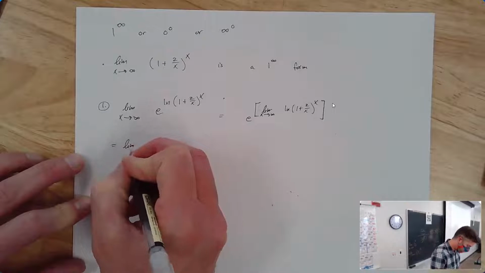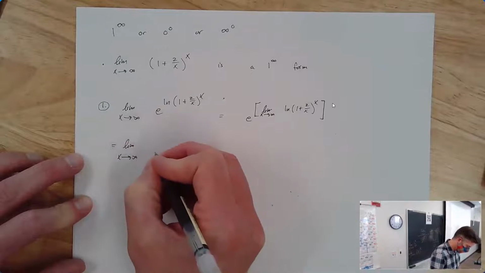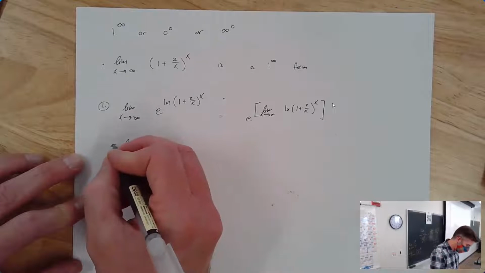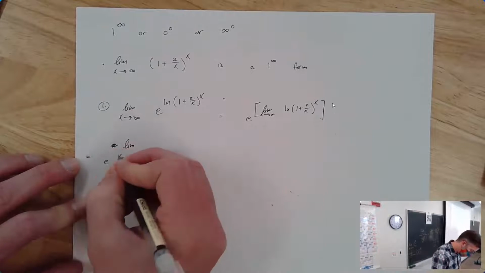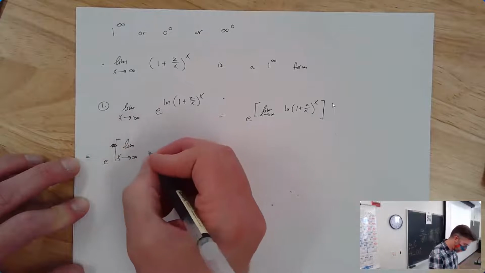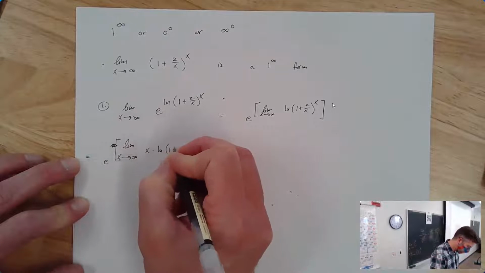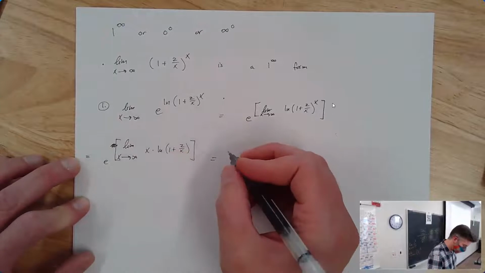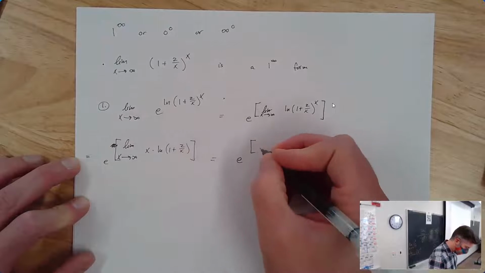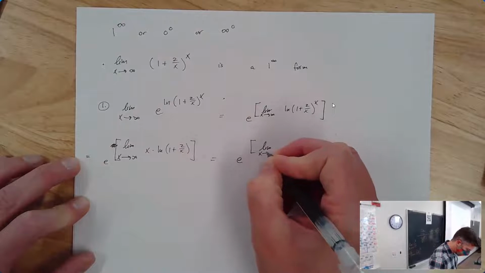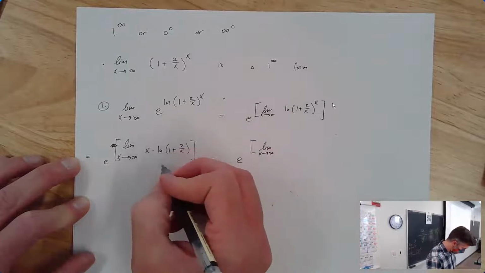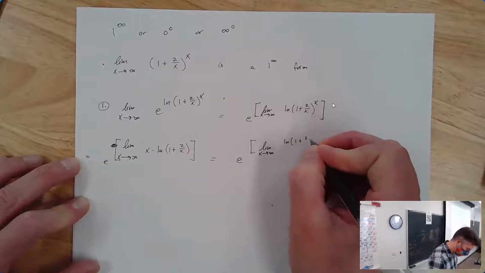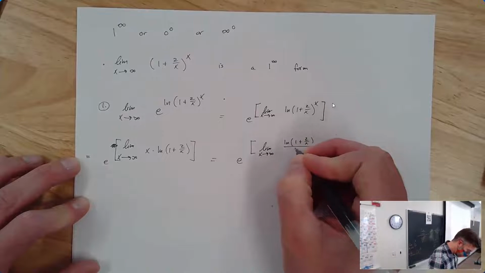I should really write it as e to the limit as x goes to infinity of x times the natural log of 1 plus 2 over x. And then finally, e to the power of the limit as x goes to infinity. I'm going to bring this x down to the bottom, so I'm going to write it as the natural log of 1 plus 2 over x, over 1 over x.